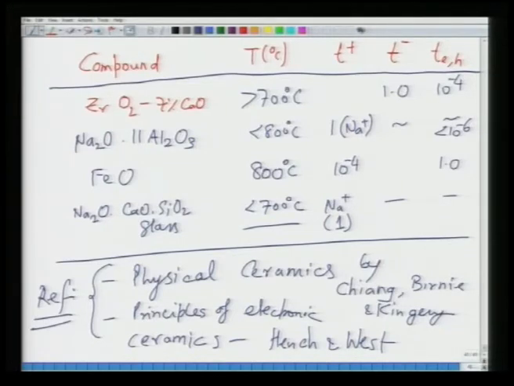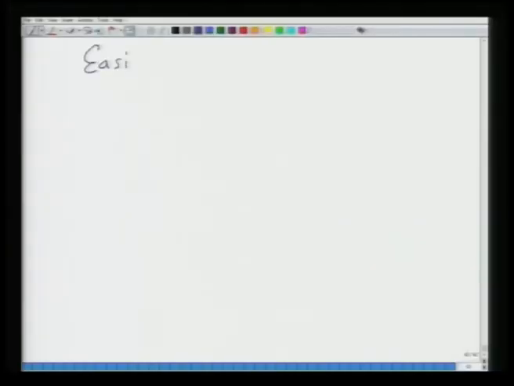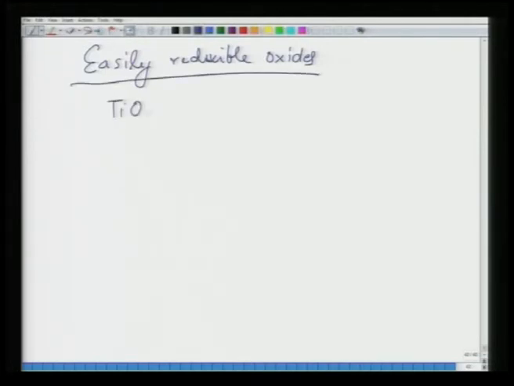Okay. So, these are some examples of oxides. You have easily reducible oxides, and these are typically titanium oxide or zinc oxide, which are n type oxides.